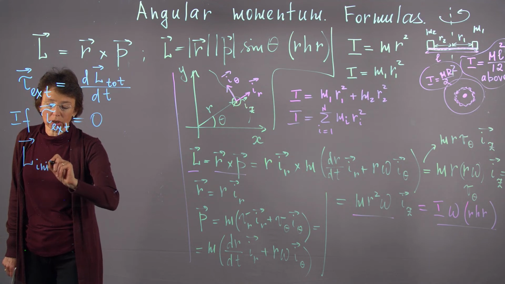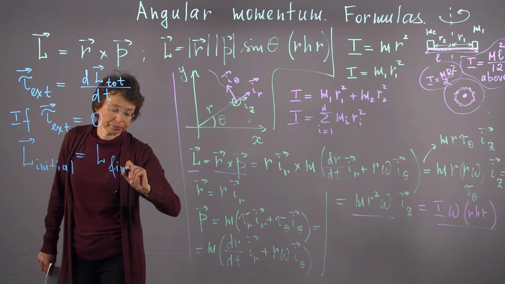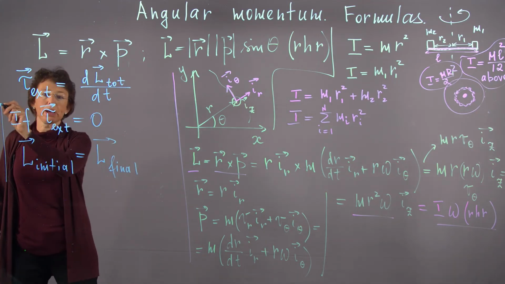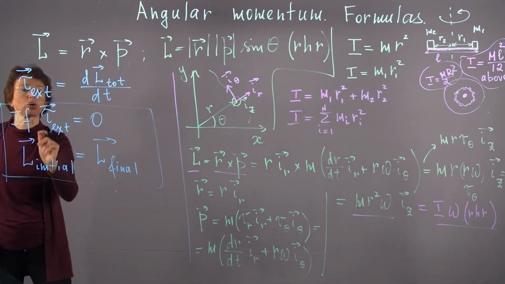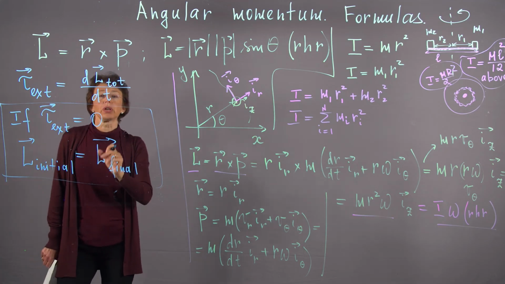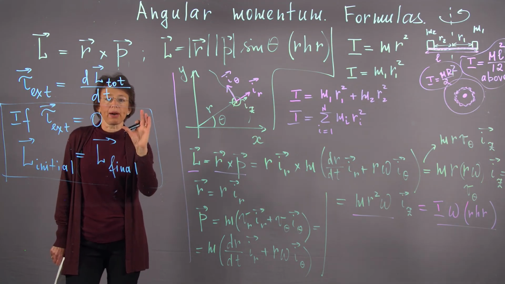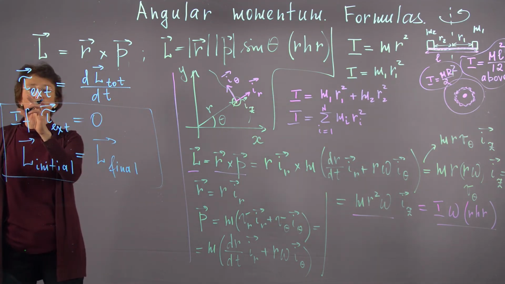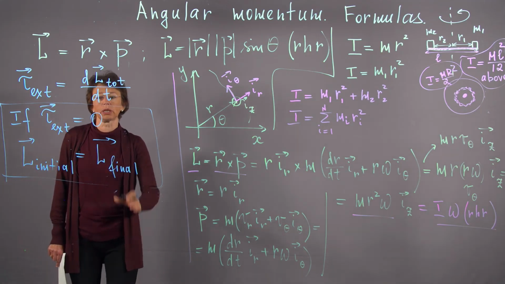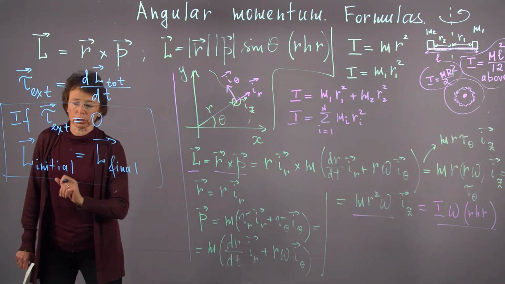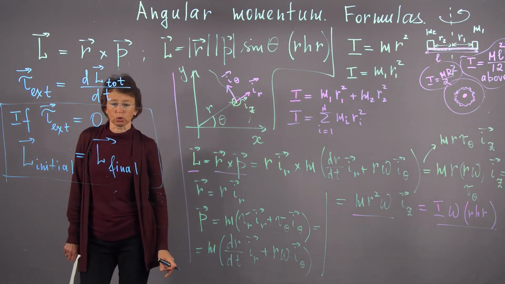L initial is equal to L final. Please remember that this is a vector equation. So if the external torque in some direction is 0, then angular momentum in that direction will be conserved. For example, I have rotation in the z direction. If there is no torque in the z direction, then the z component of angular momentum is conserved. We will use it a lot to solve our problems. L initial is equal to L final if external torque is 0.